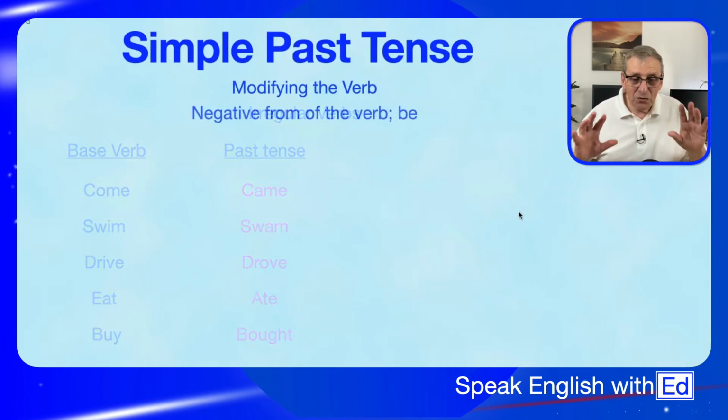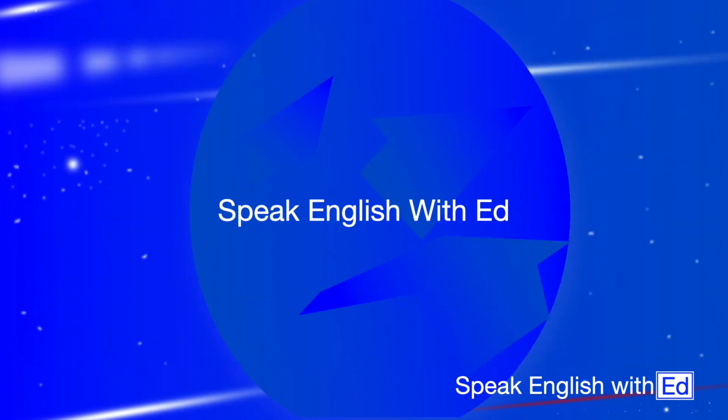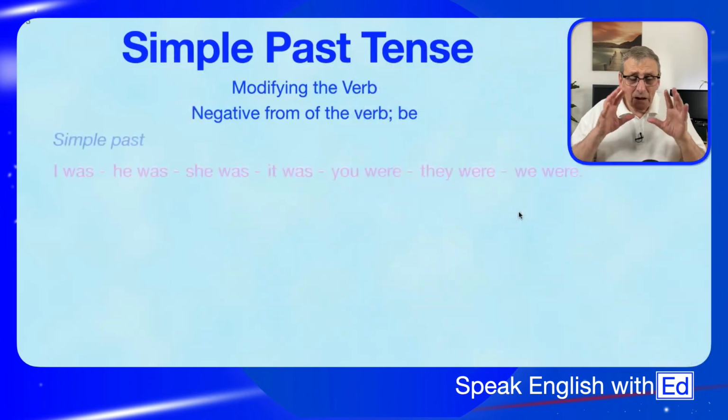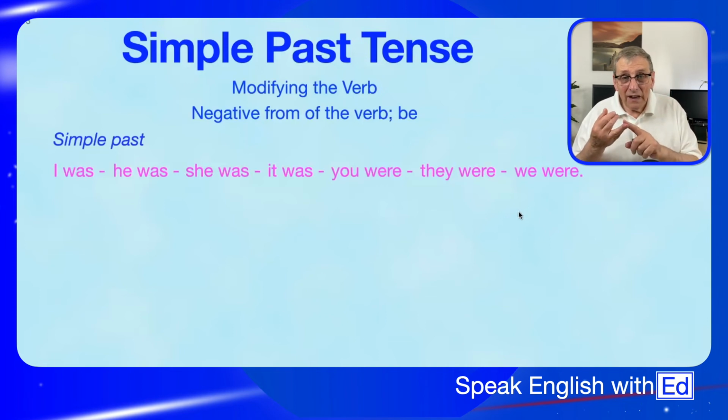Let's move on to forming negative statements now with the verb be, with the be verb. The only way to learn is to talk. Now, we've already seen a little bit earlier on that the past tense of the be verb is I was, he was, she was, it was, you were, they were, and we were.